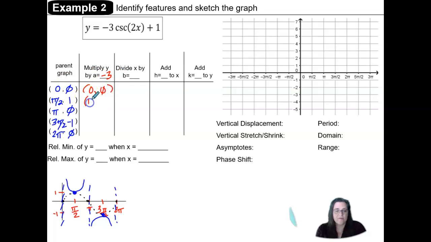Undefined times -3 remains undefined. Then we'll have pi over 2, and 1 times -3 is -3. Then pi and undefined stays undefined.